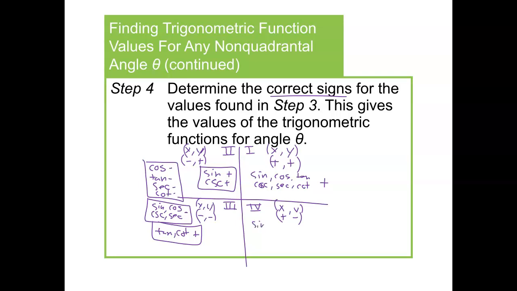So sine and cosecant and tangent and cotangent will all be negative, while cosine and secant will both be positive in that quadrant. So as long as you remember the ratios, you know x and y, where they should be positive, where they should be negative, it's a quick check to make sure you have the right sign, positive or negative, associated with whatever your trig function angle is.